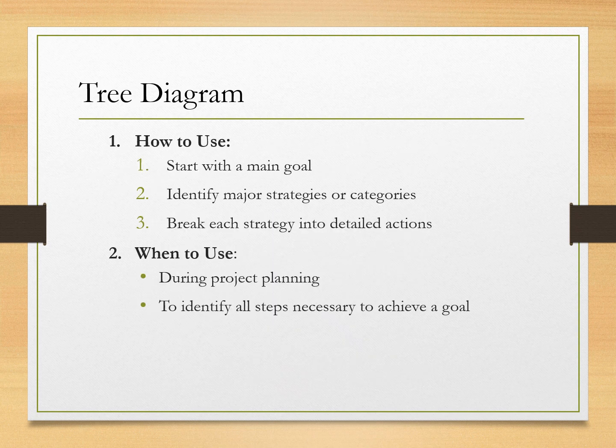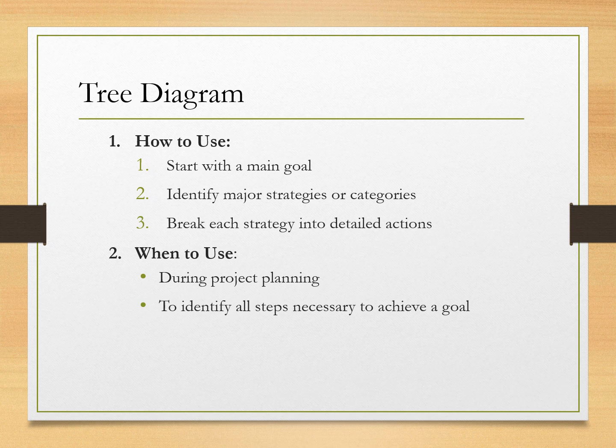To create a tree diagram, we start with our main goal and write it down on the left side of our page or whiteboard. And then we ask ourselves, what major strategies or categories do we need to achieve this goal? And write those as the first level branches.